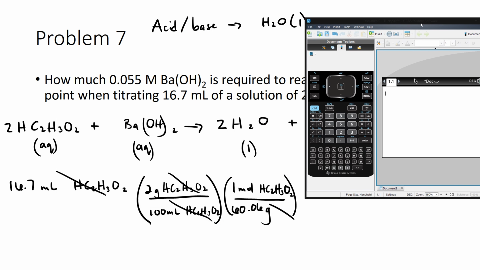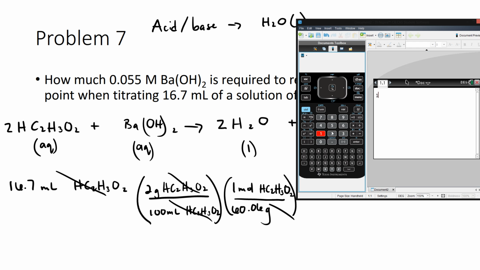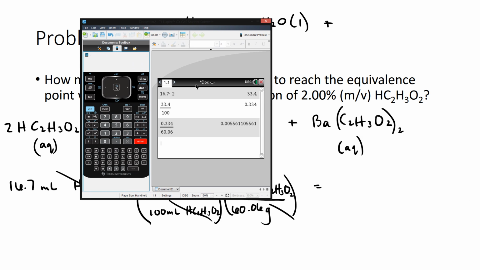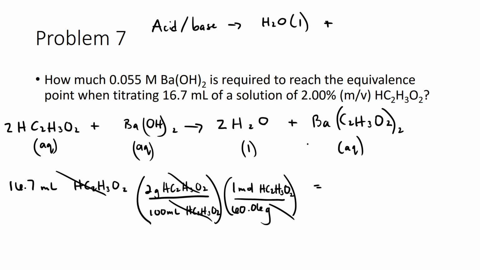So I'll do that right here. We have 16.7 times 2 divided by 100 divided by 60.06 and our answer is 0.00556 moles of acetic acid.